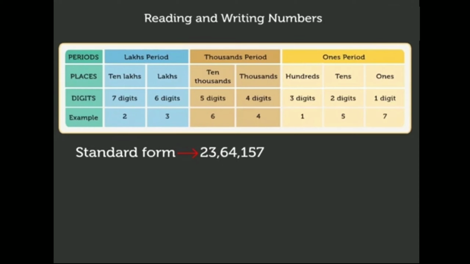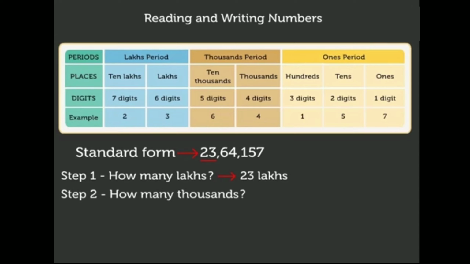We read this number using 4 steps. Step 1. How many lakhs? The number has 23 lakhs. Step 2. How many thousands? The number has 64 thousands. Step 3. How many hundreds? The number has 1 hundred.